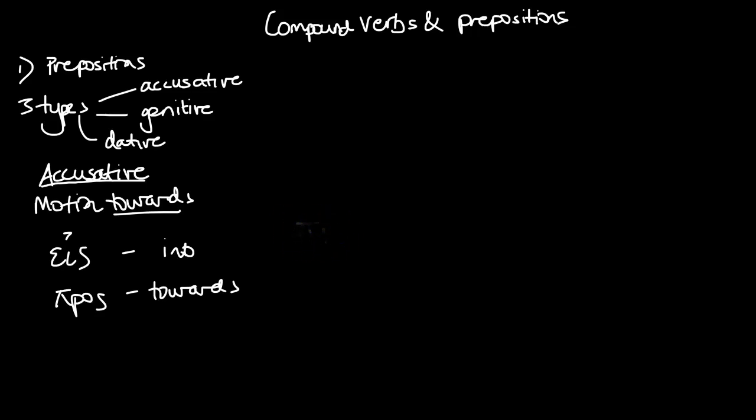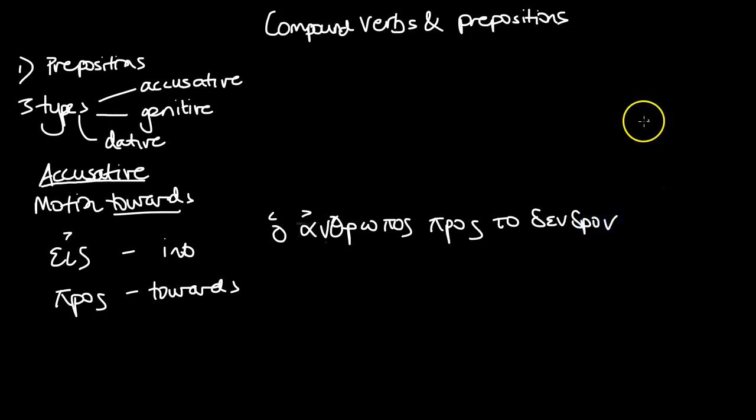The man walks to the tree, ho anthropos, pros to dendron, or actually not walks, runs, treke. The man runs towards the tree, easy. And the same goes for eis.